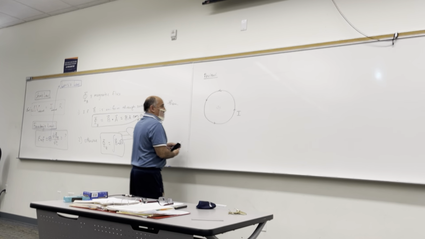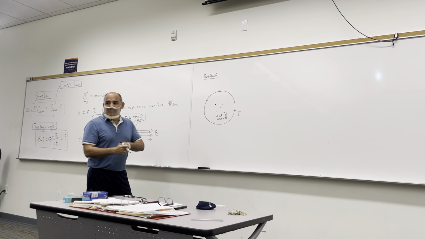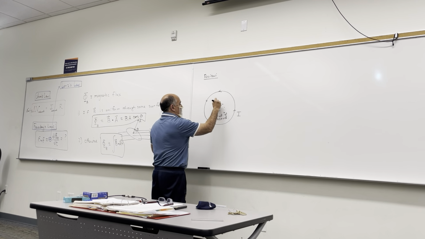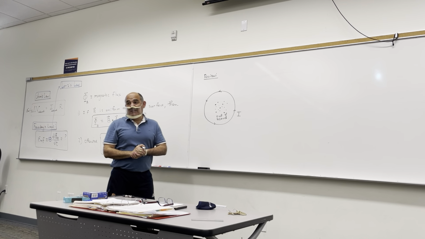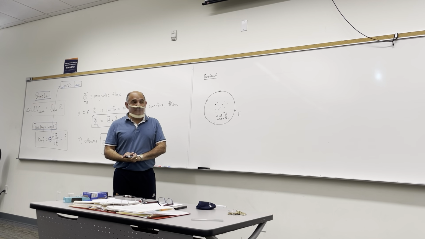Out of the board. Good. So the magnetic field there would be out of the board. And then we can talk about the magnitude and so on. Actually, we only calculated the magnitude of that magnetic field at the center of the ring.